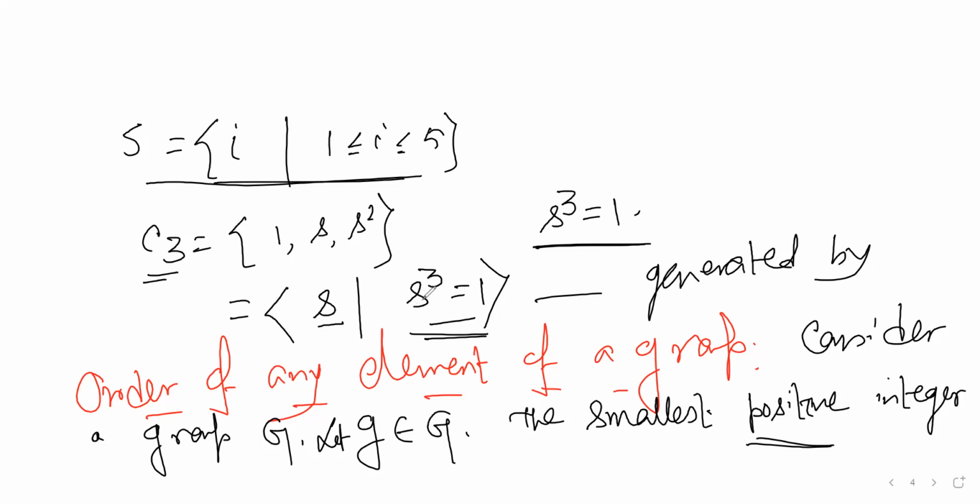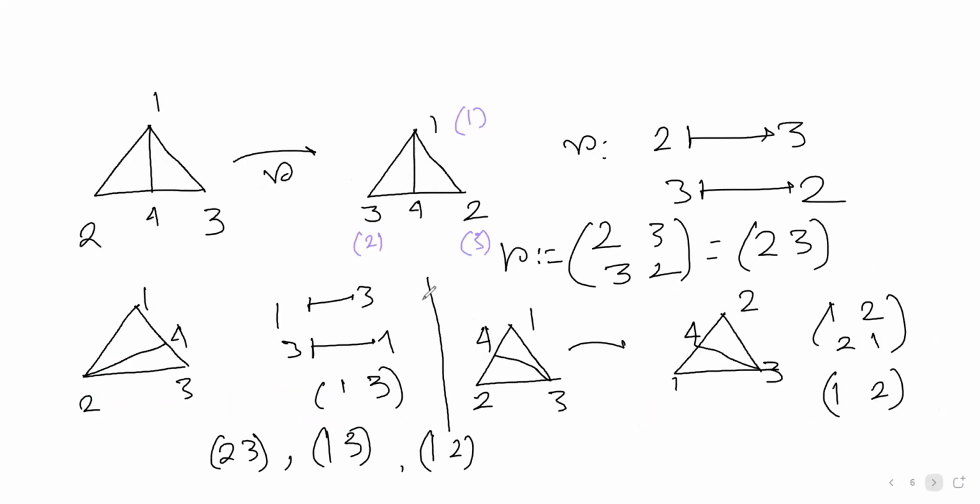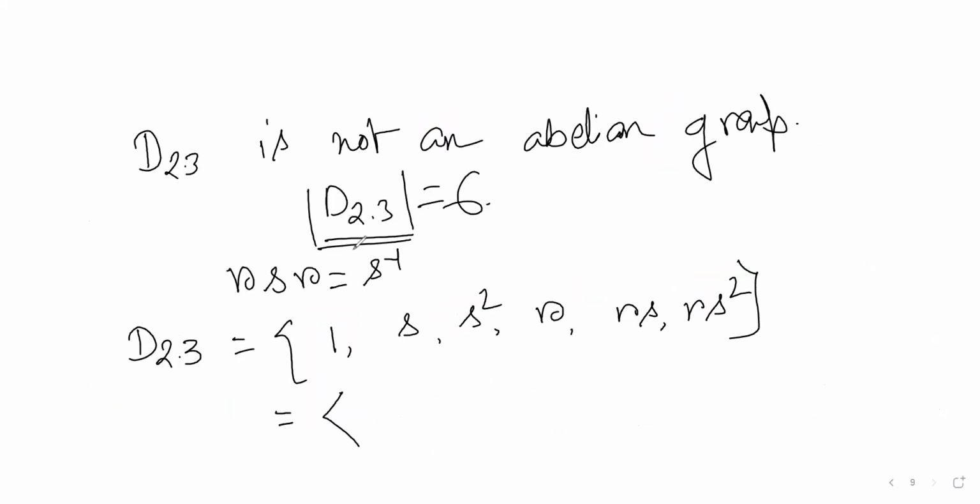Okay. So in D23, I have to write it as generated by S and R. Why? You can't express R in terms of S anytime because it is a reflection and S is a rotation only, and rotation by 120 degree. Okay. S and R satisfy S cube equals to identity. R is reflection, so R square equals to identity.